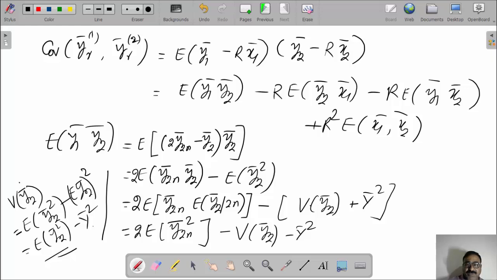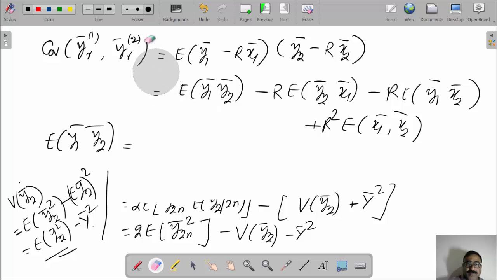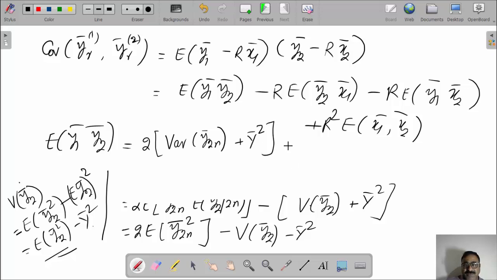Now this will be equal to 2 times variance of y2n bar plus y bar square, minus variance of y2 bar minus y bar square.